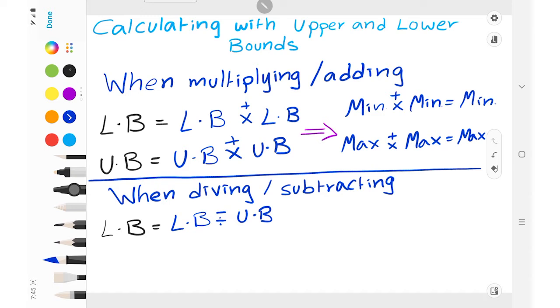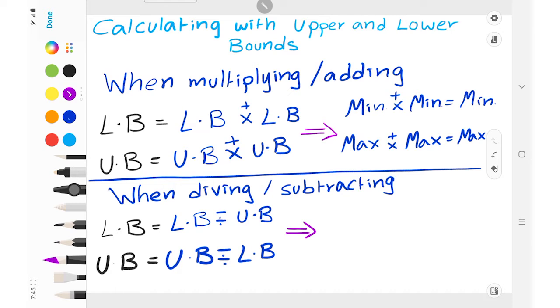And if I want to find the upper bound, my first number will be the upper, and my second number will be the lower bound. In this way, we can find the upper and lower bound if I want to divide or subtract.